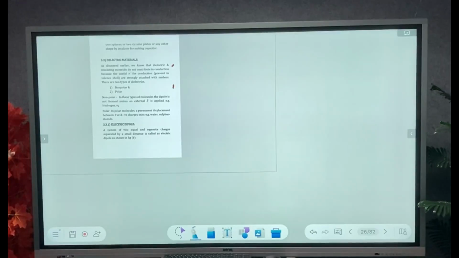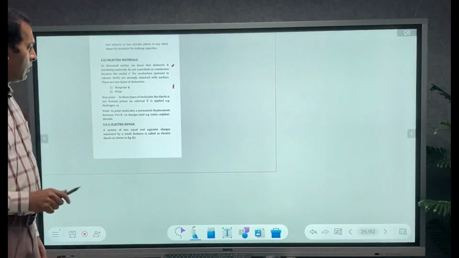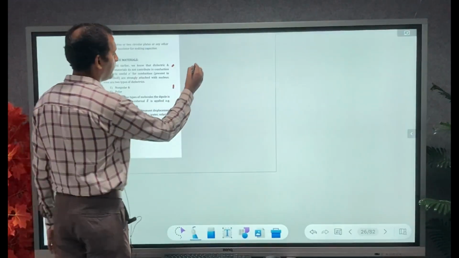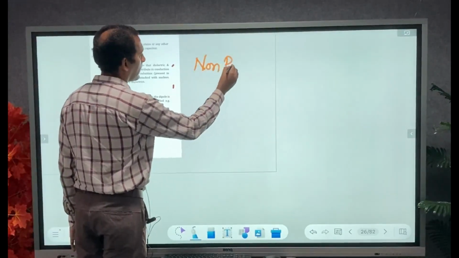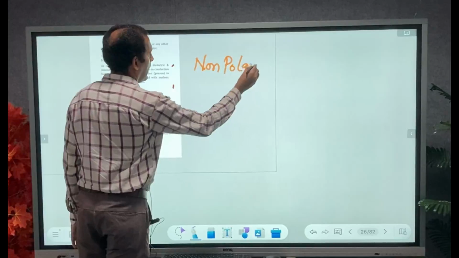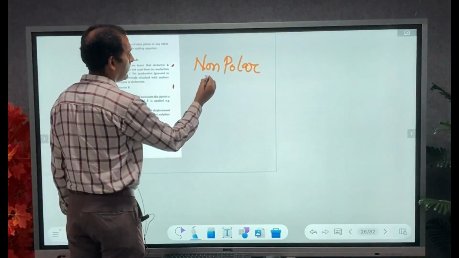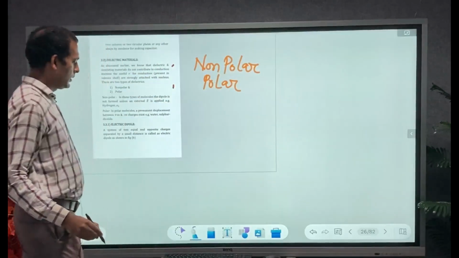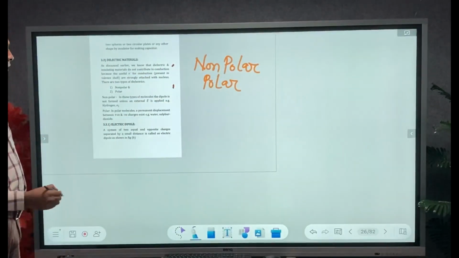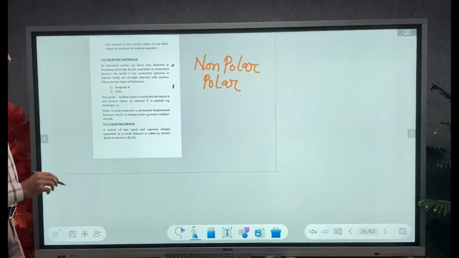There are basically two types of dielectrics: one is non-polar and another one is polar. What is non-polar?